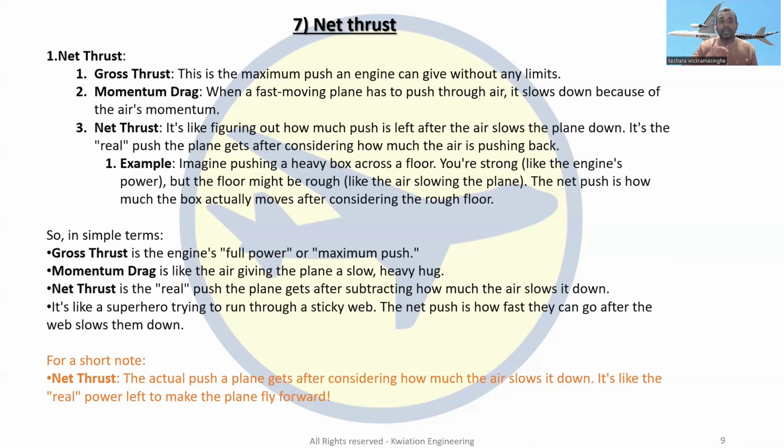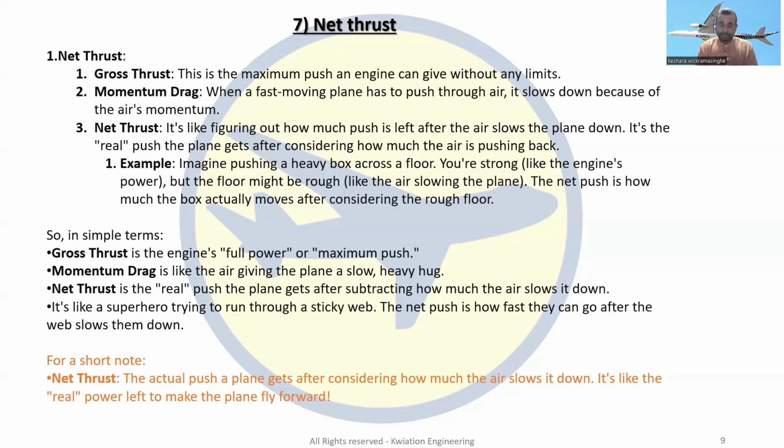Example: imagine pushing a heavy box across the floor. You're strong, like the engine's power, but the floor might be very rough, like the air slowing the plane. Then the net push is how much the box actually moves after considering the rough floor. Now I think you've got an idea.